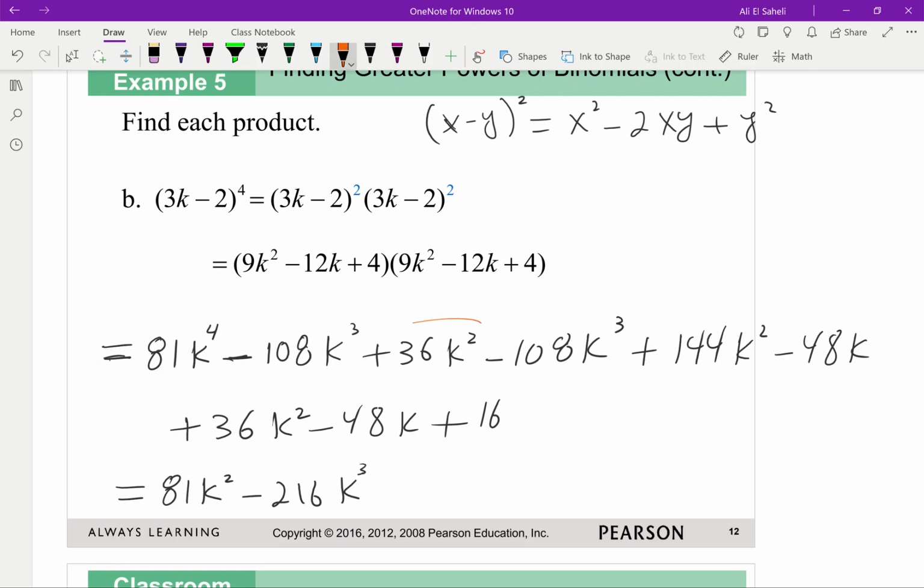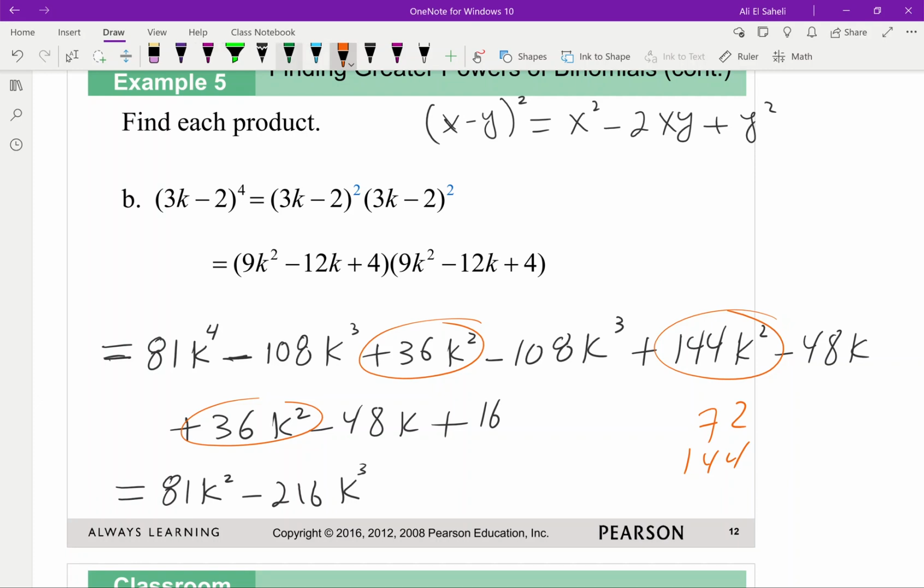k squared: 36 plus 36 is 72, 72 plus 144 is 216.